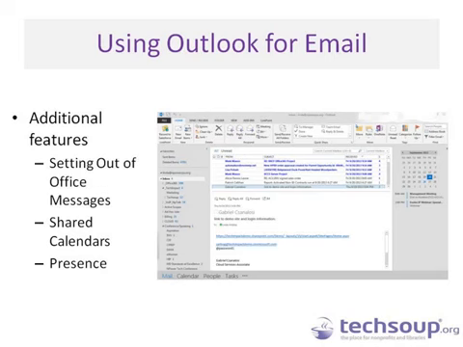Another thing is Presence. Presence comes with Office 365, so that if you've got something on your calendar and a coworker opens up an email and tries to email you something, it'll show you as red, meaning something's on your calendar, or green. That's really great for distributed office workers.